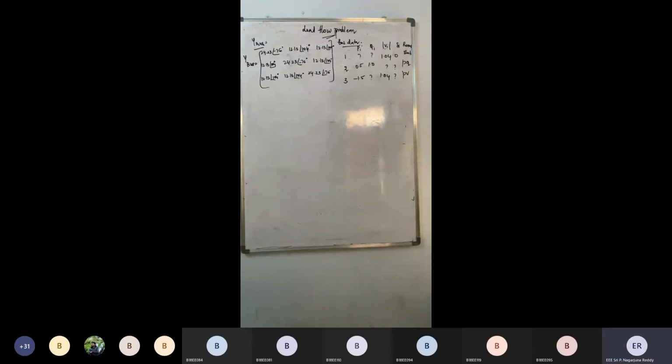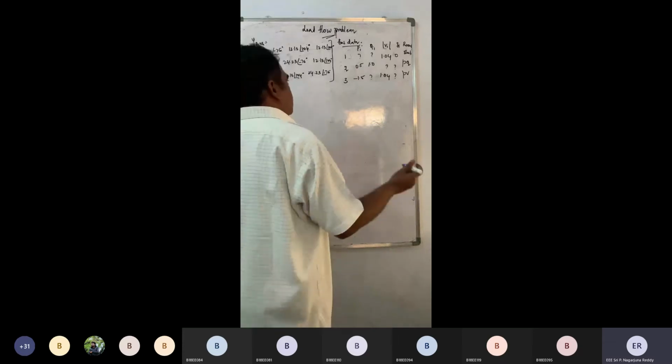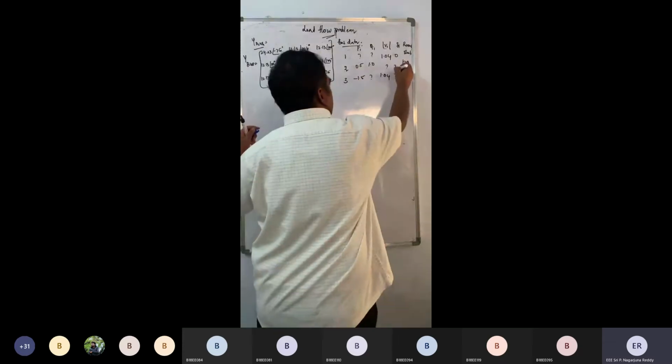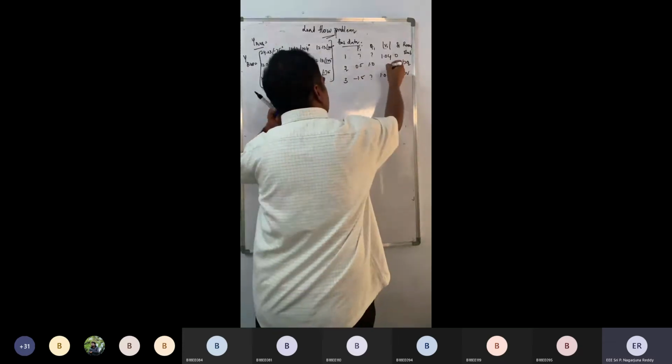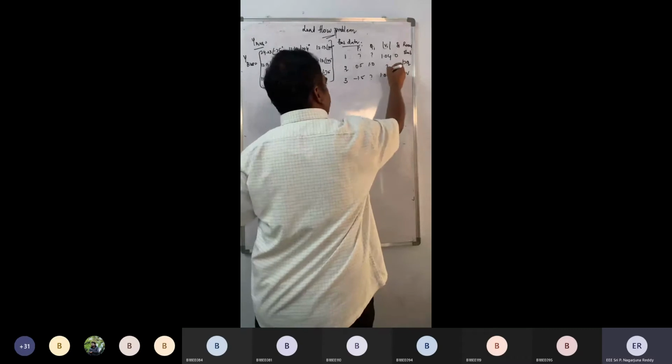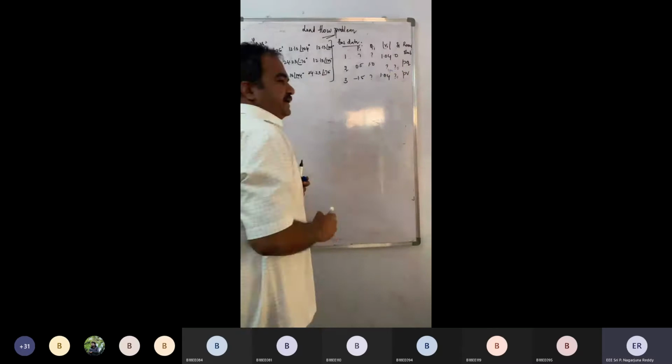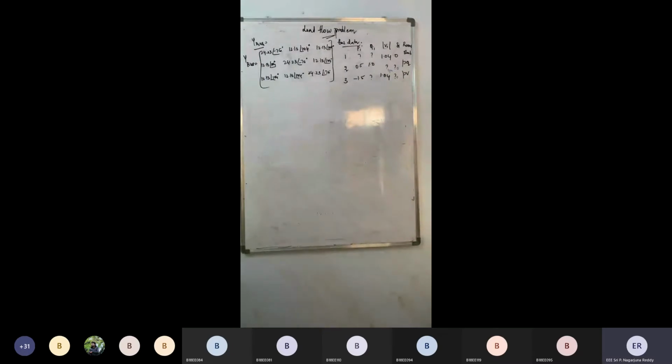After steps number 1 and 2, we have gone with step number 3. We have assumed the unknown angles as 0 and the unknown voltage magnitudes as 1 per unit. So I have taken V2 mod, which is unknown for me, as 1 per unit, and delta 2 and delta 3 as 0.